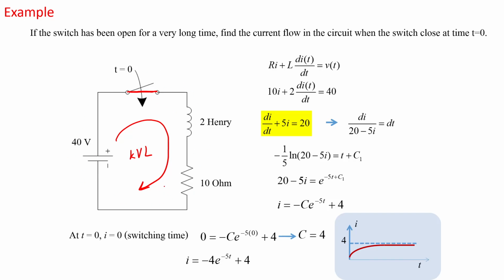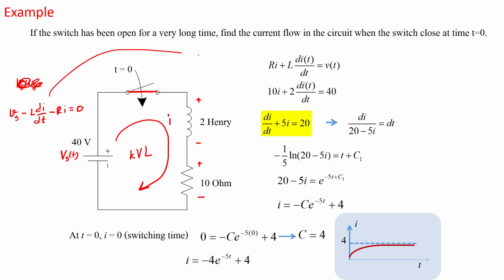V source of t equals L dI by dt plus R times I, that is, V source minus L dI by dt minus R I equals 0, where I is the current flowing.